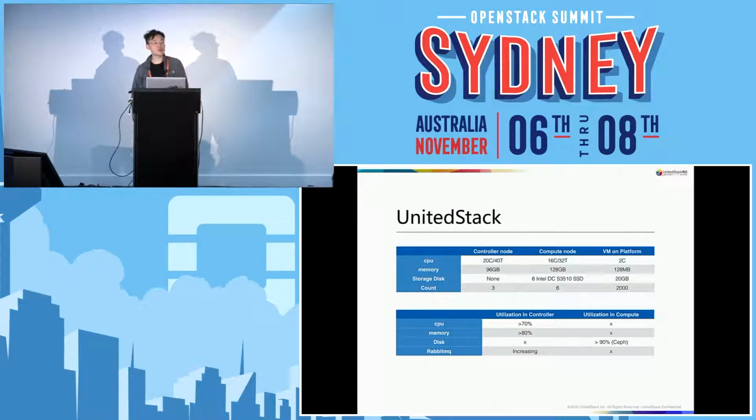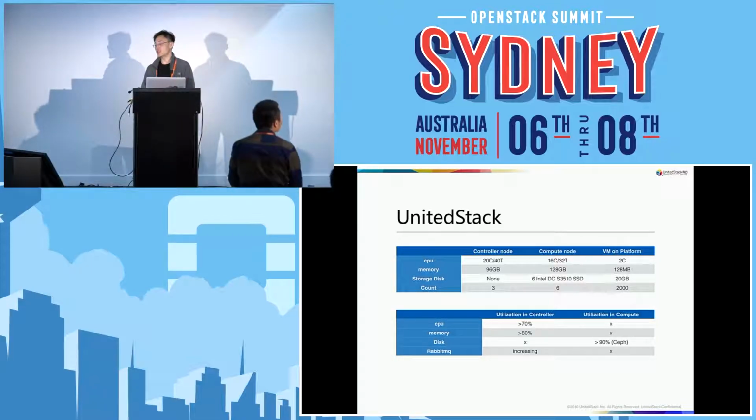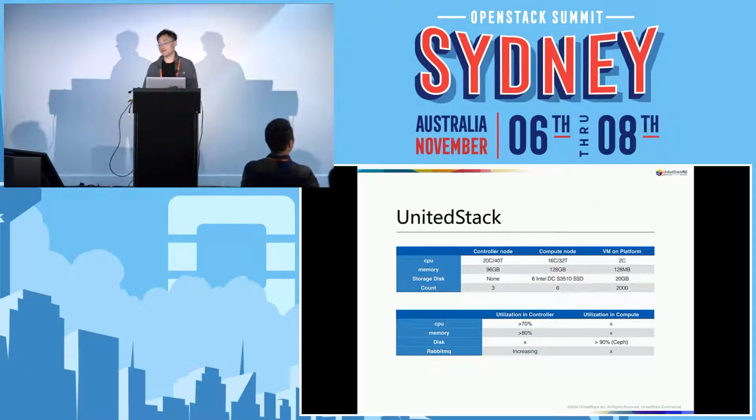What problem do we find if we use telemetry here? We find that the resources heavily run out. First of all, the utilization in the controller node: CPU utilization is greater than 70%, and memory is over 18%.